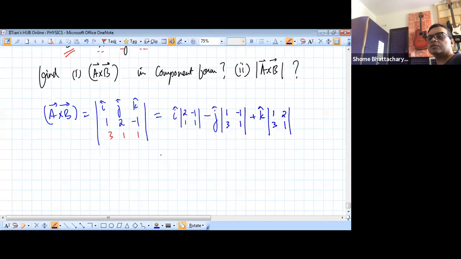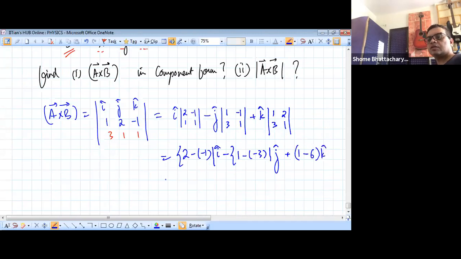So this becomes 2 minus of minus 1 into I cap minus of 1 minus of minus 3 with j cap and plus of 1 minus of 6 k cap.